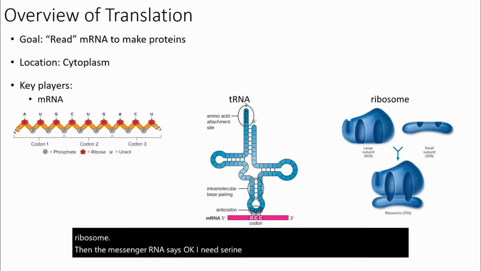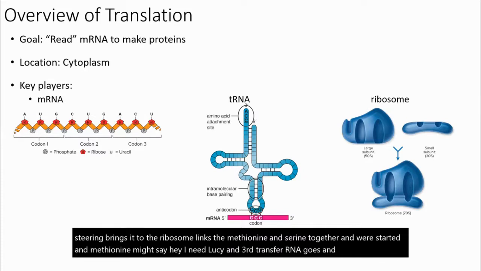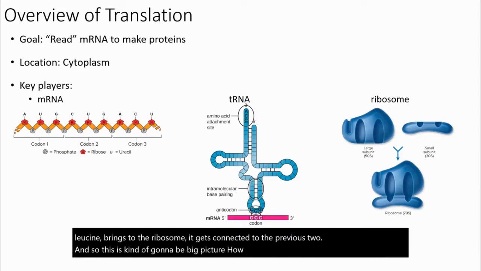A transfer RNA goes out, grabs the serine, brings it to the ribosome, links the methionine and serine together, and we're started. Then the messenger RNA might say, hey, I need leucine third. Transfer RNA goes and grabs the leucine, brings it to the ribosome, it gets connected to the previous two. Okay, so this is kind of big picture how these three key players interact.